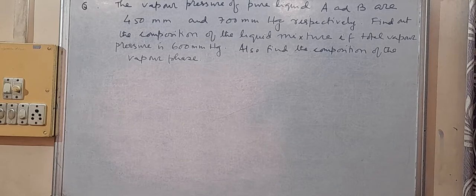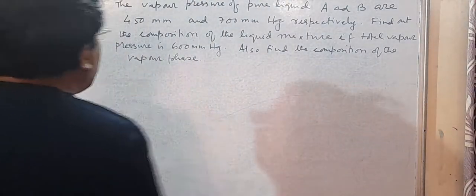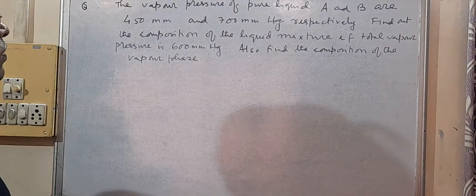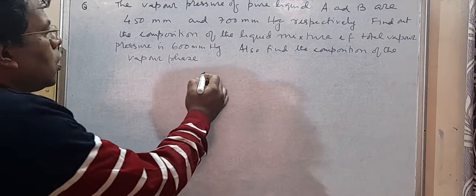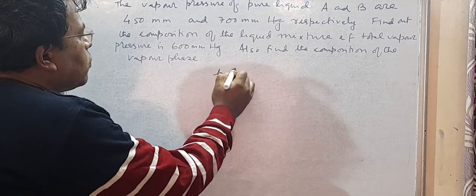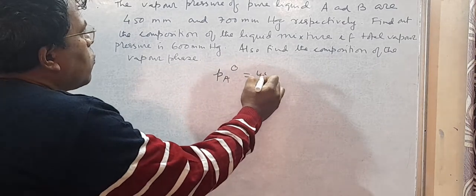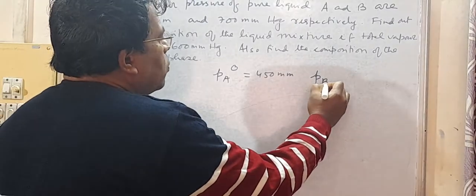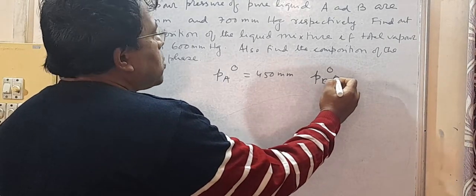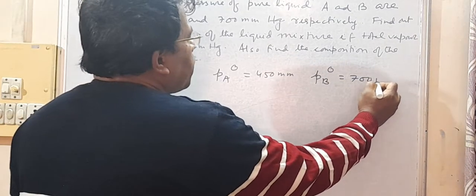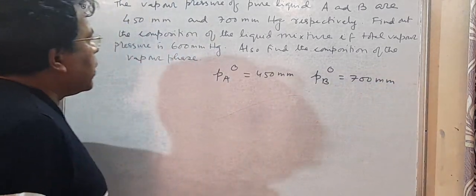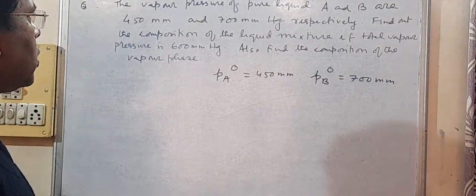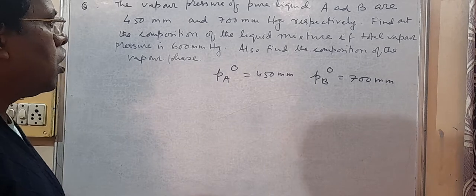So children, here we have that question. Vapor pressure of pure liquid A and B are 450 millimeter and 700 millimeter mercury. So here straight away PA naught value is given, 450 millimeter, and PB naught value is also given, it is 700 millimeter. Then it says find out the composition of the liquid mixture.